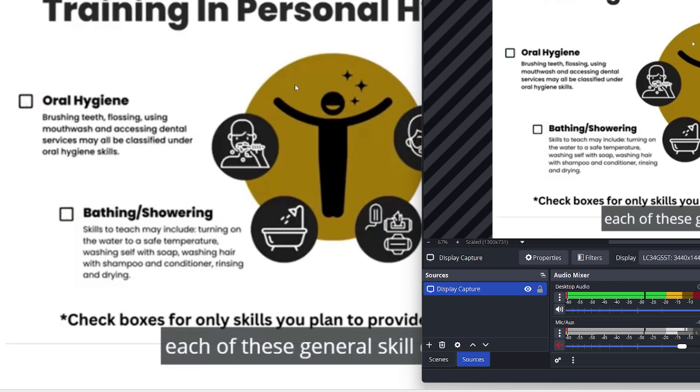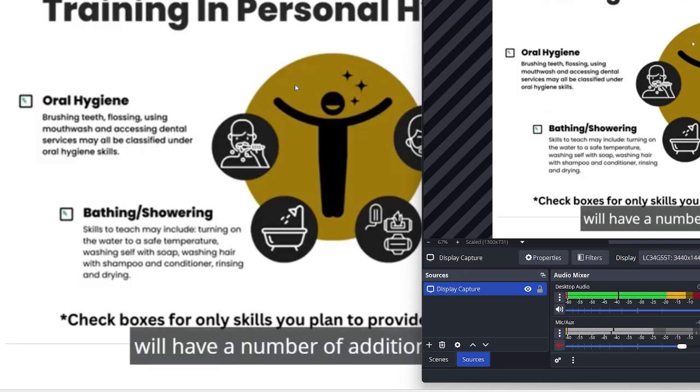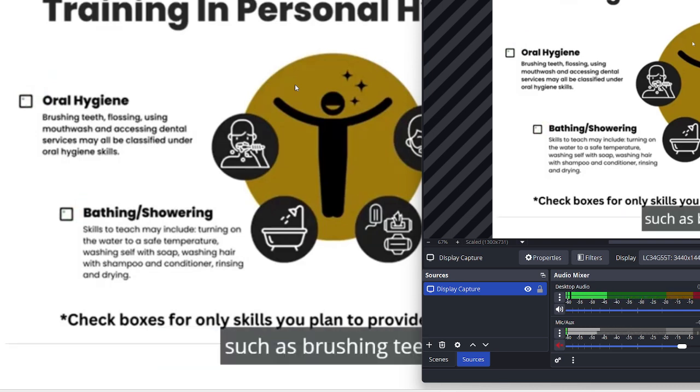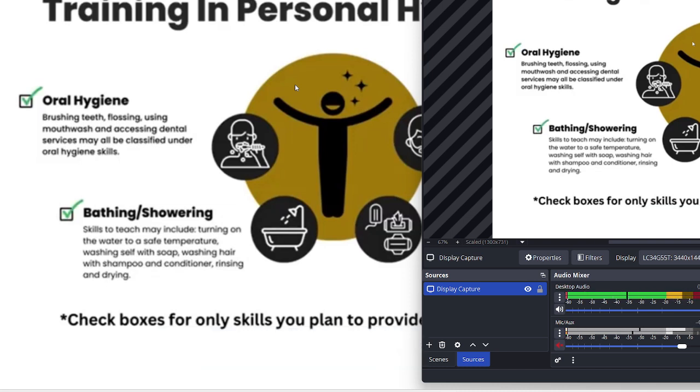Within each of these general skill domains, you will have a number of additional skills. For example, training in personal hygiene may include such skills as oral hygiene, such as brushing teeth, flossing, using mouthwash, and accessing dental services.